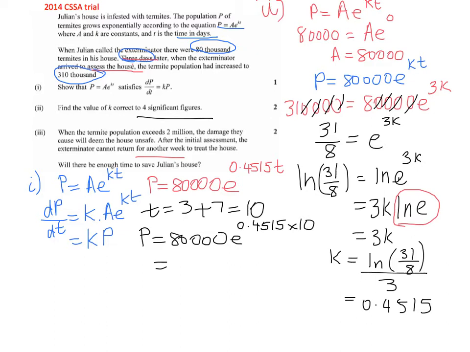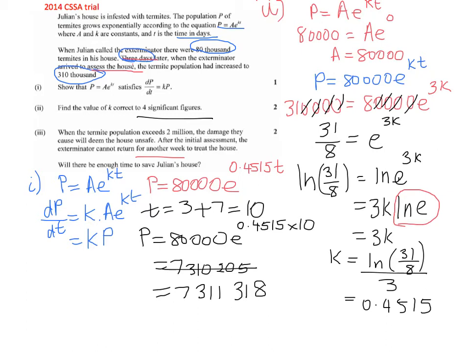So, putting that in your calculator, you get 7,310,205 termites. Or, if you were to store this value of k in your A memory, then you would get a better answer for P, because you'd get 7,311,318 termites.